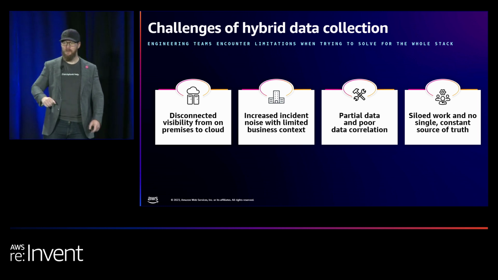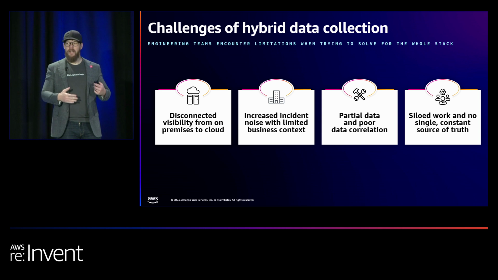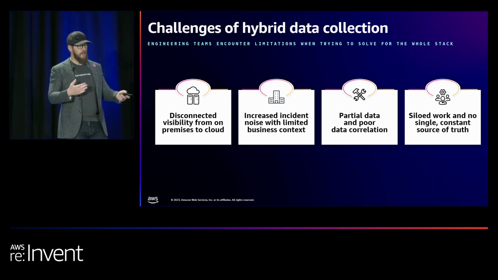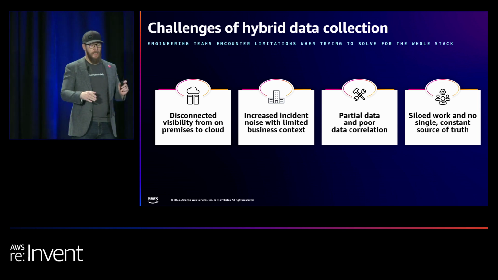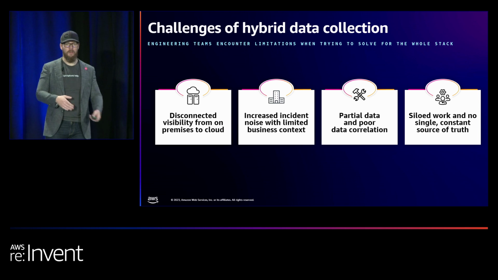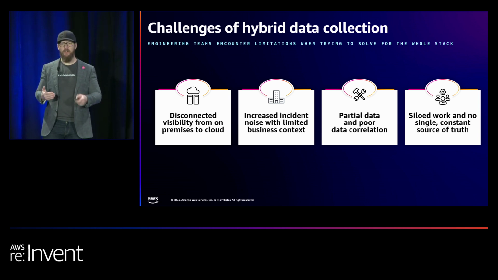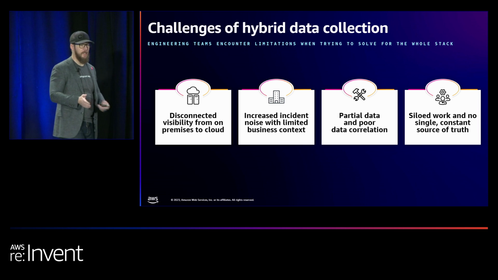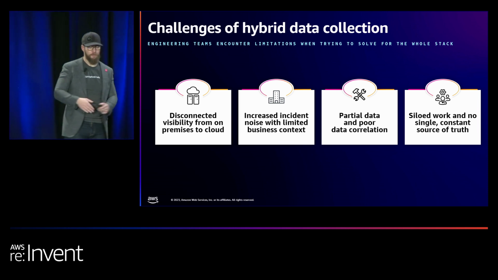Yep, a couple folks. Those all create problems because you're disconnected from the visibility across your entire environment. It also increases a lot of noise, right? Whether that's event noise or metric noise or trace noise, you're not able to see everything that you need in a consistent fashion, and you're having to go dig for those needles in the haystack, and that puts you back in that monitoring realm.